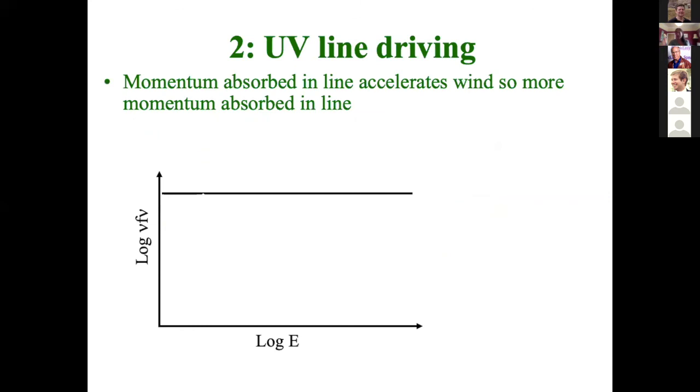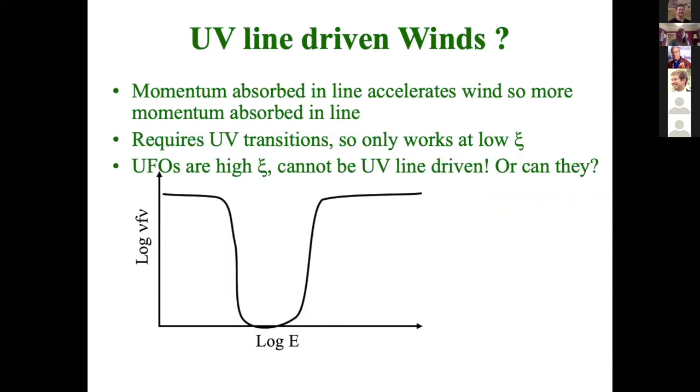Well, funnily enough, my spare slides are all about UV line driving, because UV line driving isn't important in the binaries because they're so X-ray bright, but AGN have UV disk temperatures, and it's very important. But we've said as a community that the ultrafast outflows are very high ionization, and to get UV line driving, you need UV opacity to push on.